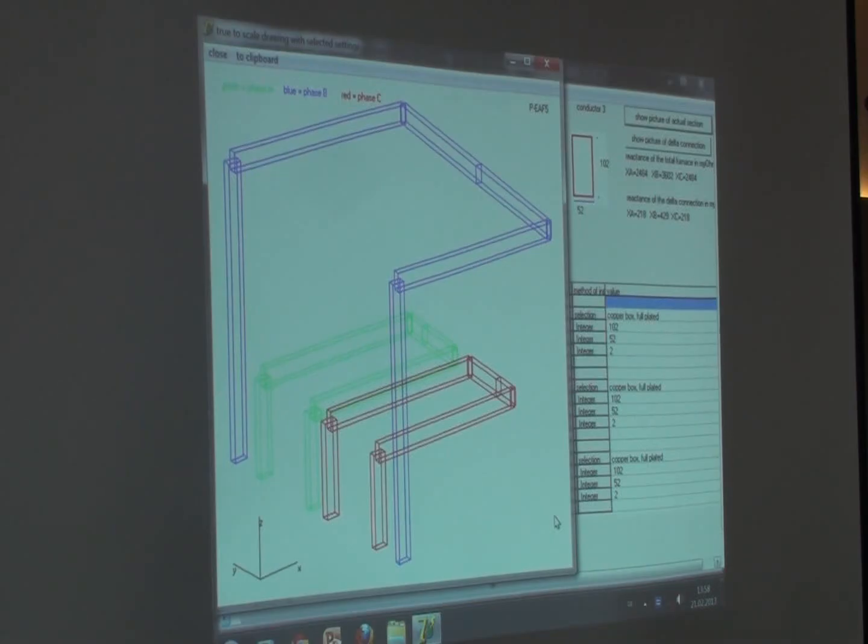Which means this is I1, this is I2, and this is I3. And if we have a symmetrical system on the star side, the currents in the delta side also must be symmetrical, but they are smaller. Square root of 3 smaller.